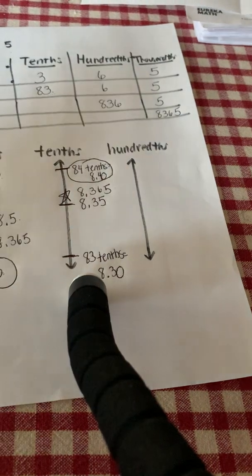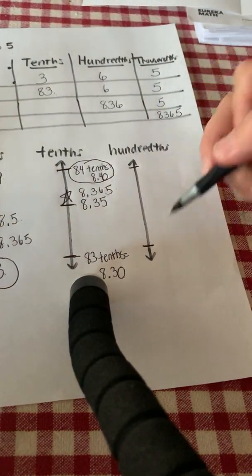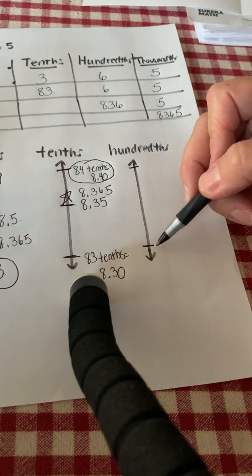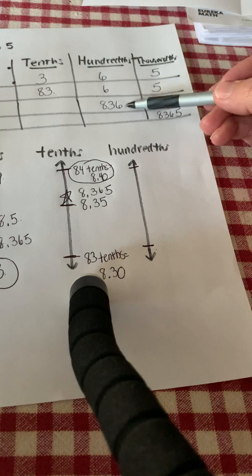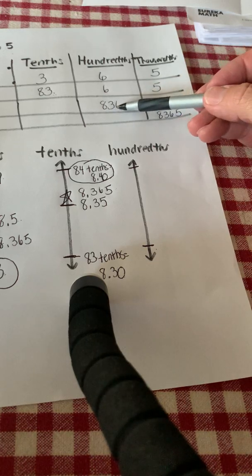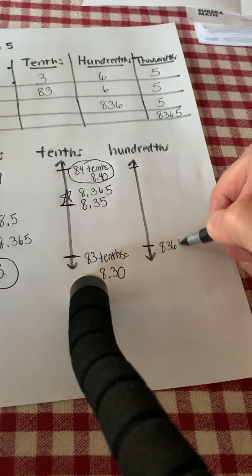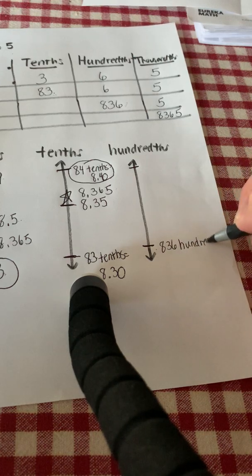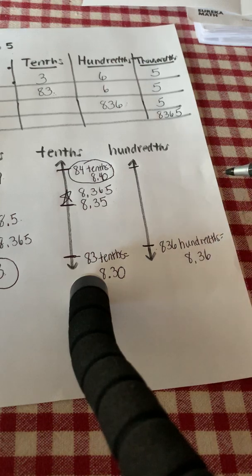Last problem is hundredths. Again, first step, we establish our endpoints. Our lower endpoint is going to be the number of hundredths that are in this number, 836 hundredths. So I can write that in unit form, or I could write that in standard form.